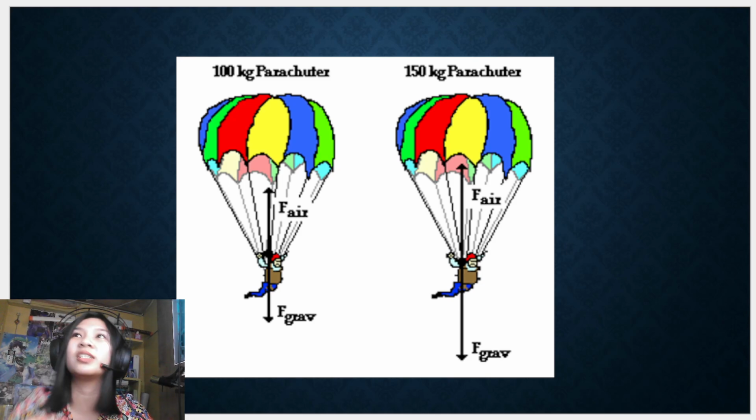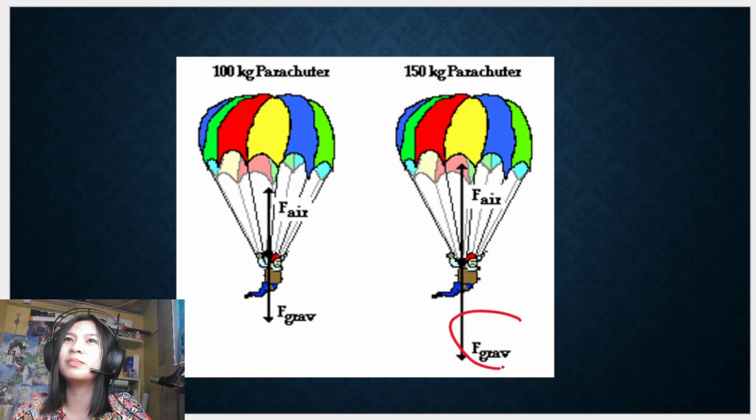Say we have a 100 kilogram parachuter and we have a 150 kilogram parachuter. Of course, the 150 is more massive than the 100 kilogram. When that happens, the 150 kilogram parachuter will have a bigger F grav, because his mass is bigger, so the F grav is also bigger.